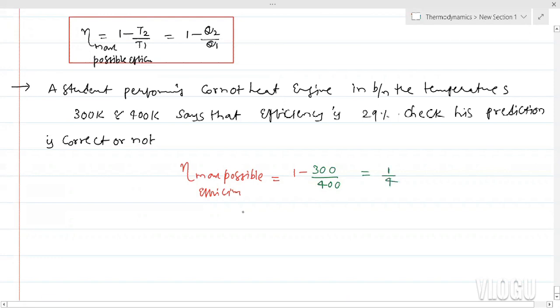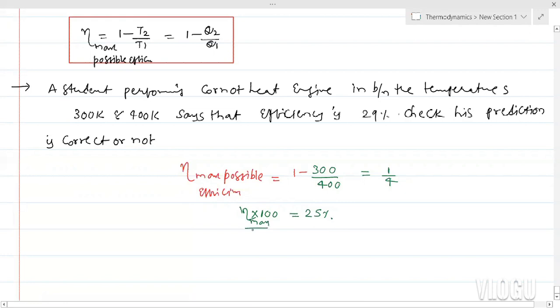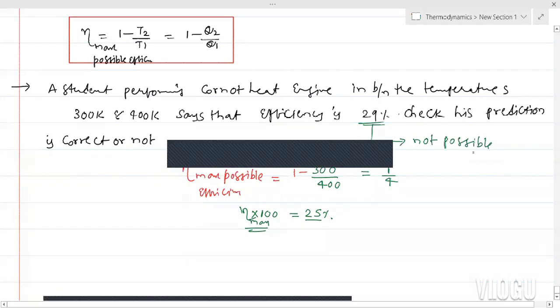Taking the percentage, eta into 100 equals 25%. So the maximum possible efficiency is 25, which means less than 25 is possible. His prediction is 29, so clearly it is not possible.